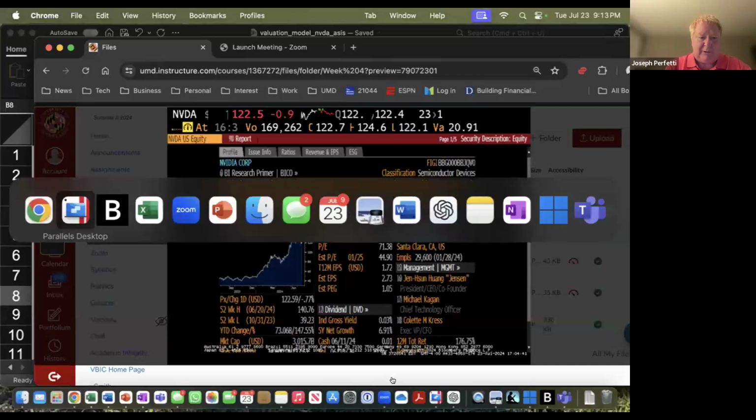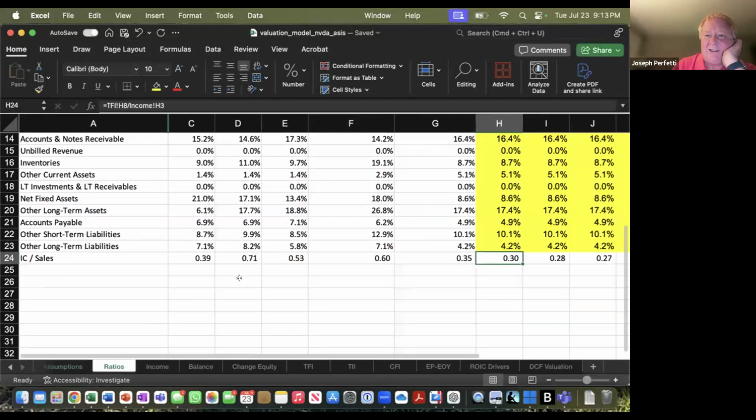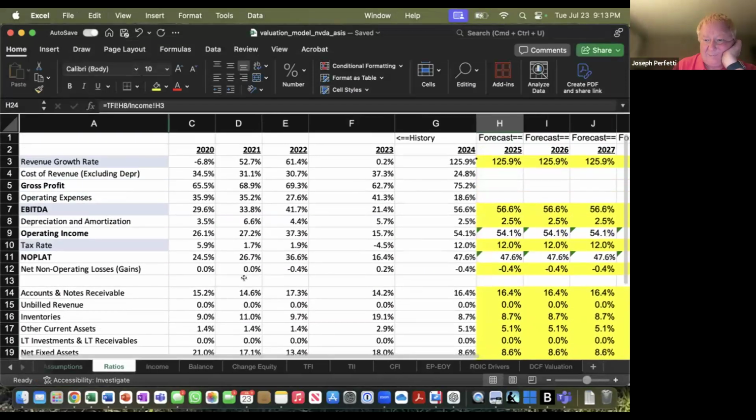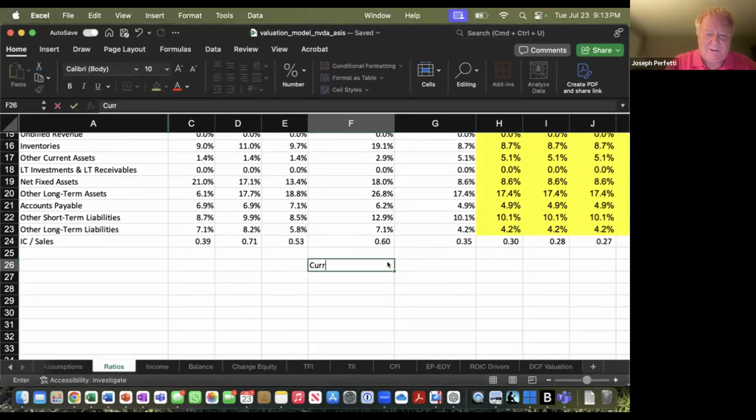Now, in order to do this, we're going to start adjusting these ratios to be more realistic. Because I don't want to keep jumping back and forth constantly in my model as I change the ratios, I'm going to put the current share price on the ratios screen and the model price on the ratio screen.